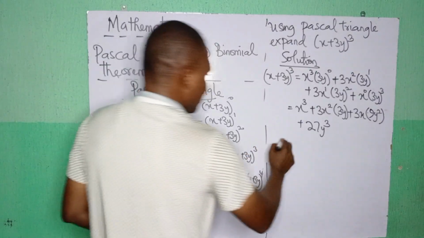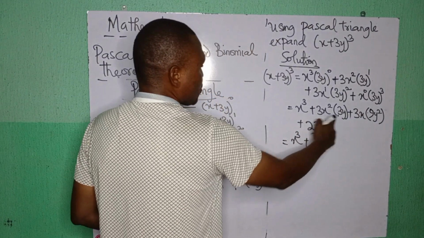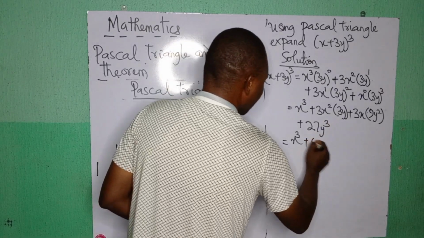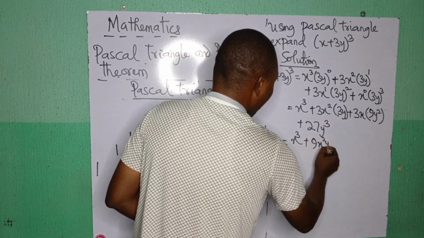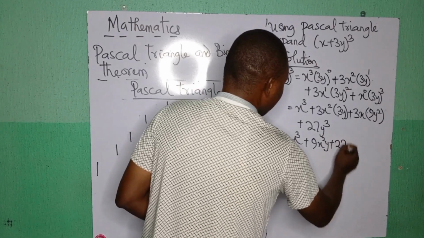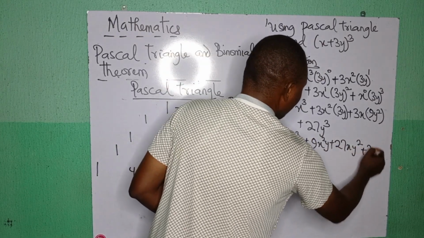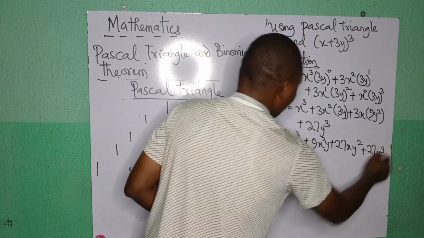Right? So let's try to finish it up. x raised to the power 3 plus 3x squared times 3y gives us 9x squared y, and 3x times 9y squared will give us 27xy squared, and plus 27y cubed.